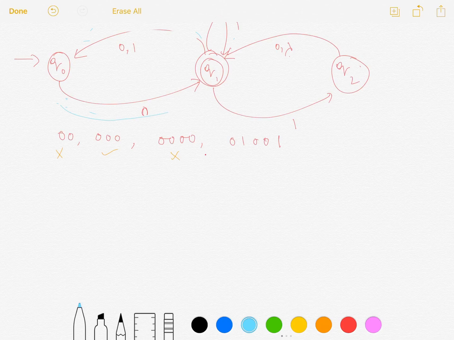After taking a 0, it must come to Q1, then with 1, either it may stay in Q1 or it may go to Q0. If I consider Q1 first, then it will be in Q1, and after the two 0s it comes to Q1, and after the 1 it comes to Q1. So, this one must be accepted by this language. So, we have to consider all the possible situations, and if in any one of them it reaches the final state, then we can say the string will be accepted by this machine.